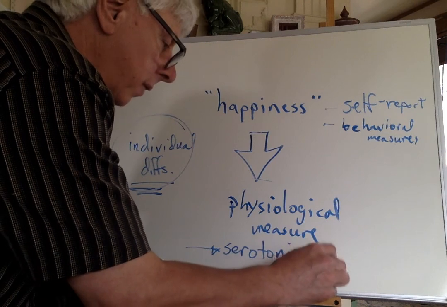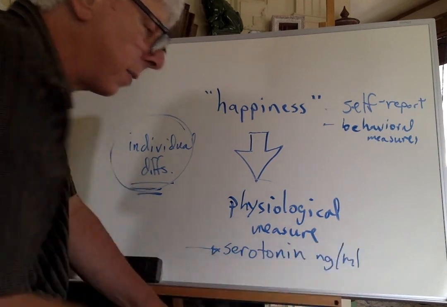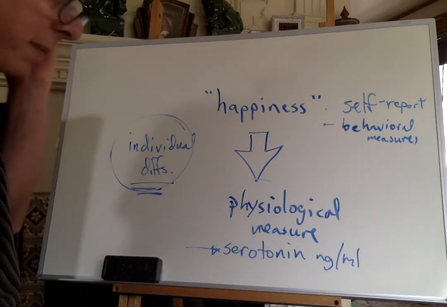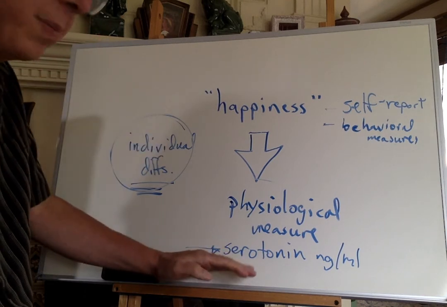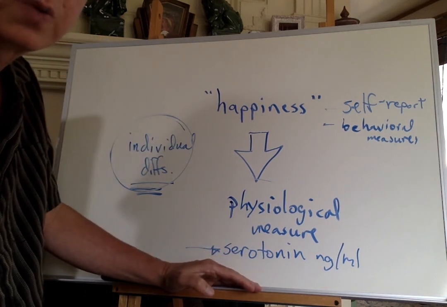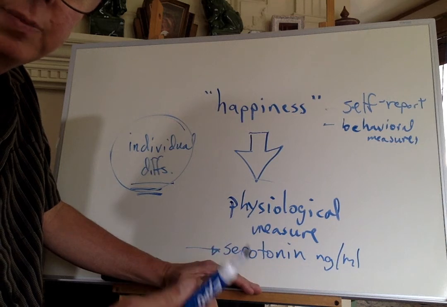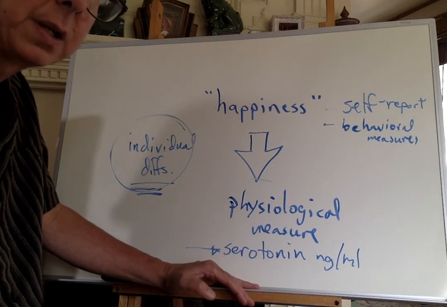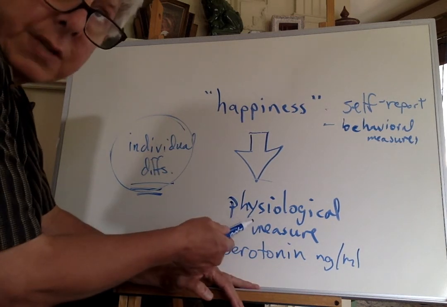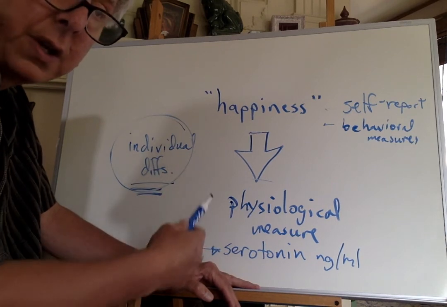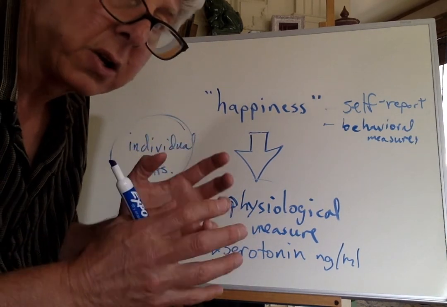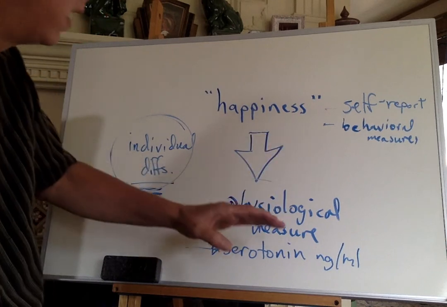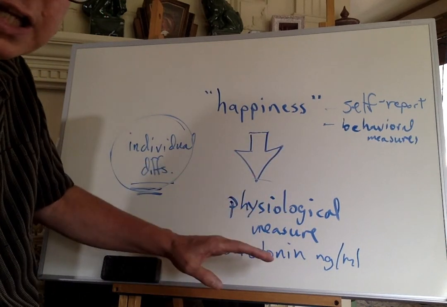Let's do nanograms per milliliter or something like that. I don't know how it would be measured. People with higher levels of serotonin, we would say, are happier. People with lower levels, not so happy. We would have our quantity, right? We could look at differences. That's the entire key behind this, is we're looking for differences or change.